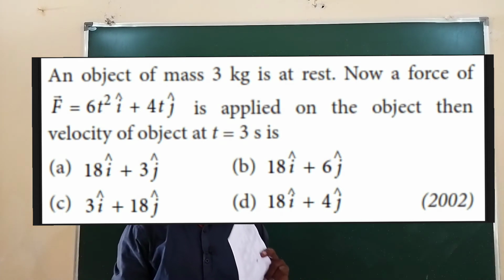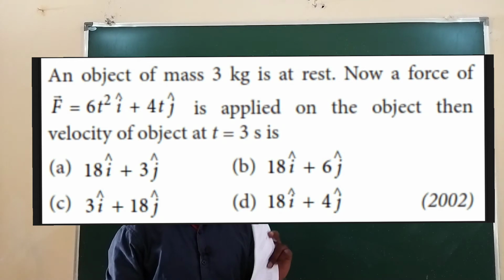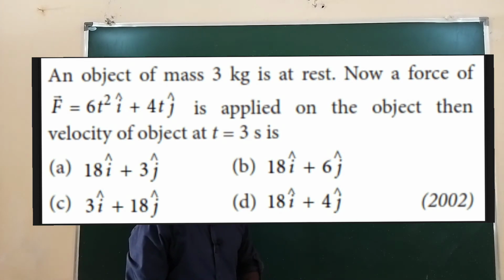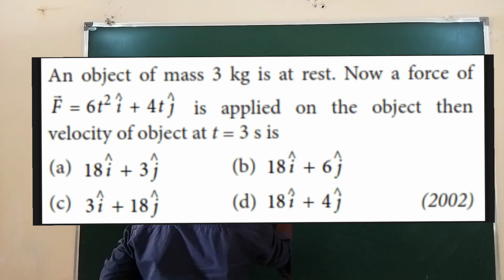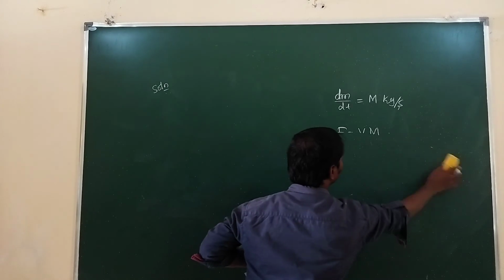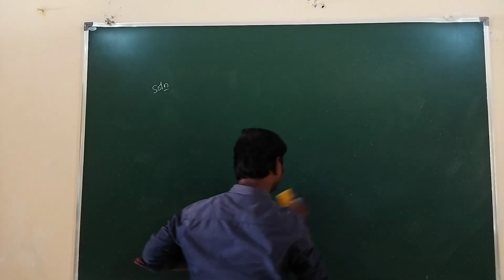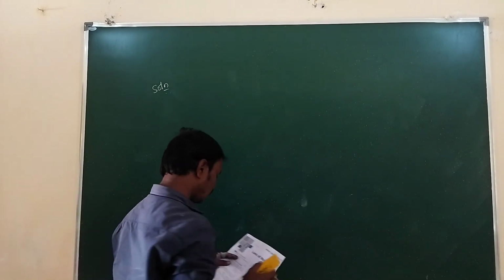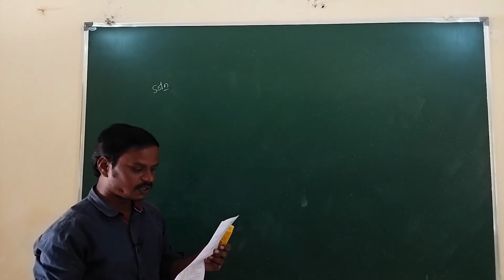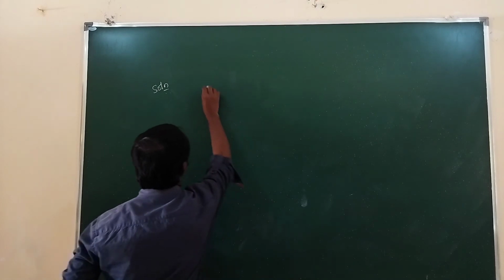Our aim is to find the velocity of the object at the time t is equal to 3 seconds. Initially, the object is at rest. When the force is applied, then the object will be moved. Then what is the velocity of that object at a time t is equal to 3 seconds? Then I will write the given values. Mass of the object is given, that is 3 kg.